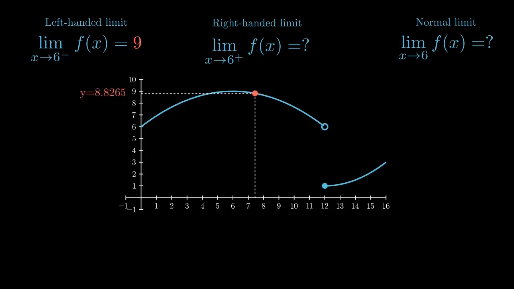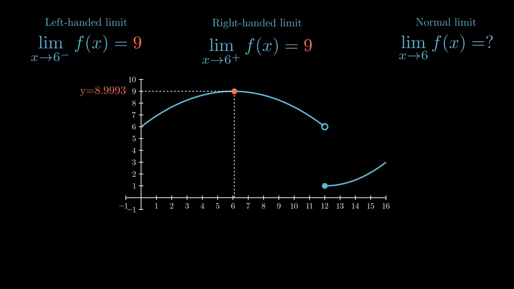Let's check what happens as we move towards x equals 6 from the right side. The y gets closer to 9 as we move from the right side of 6 along the x-axis. So, the right-hand limit of the function as x gets closer to 6 is 9. Since both left-hand and right-hand limits are 9, the normal limit of the function as x gets closer to 6 is 9.